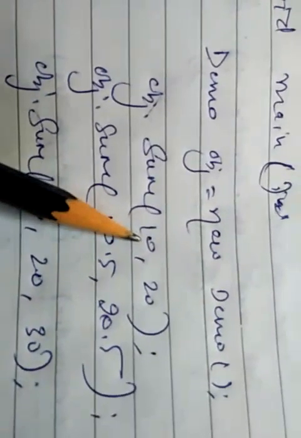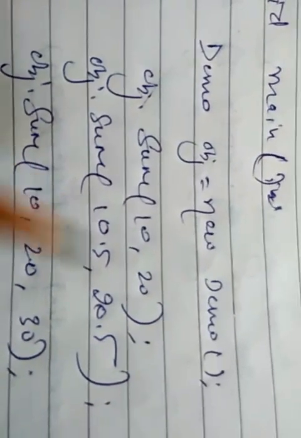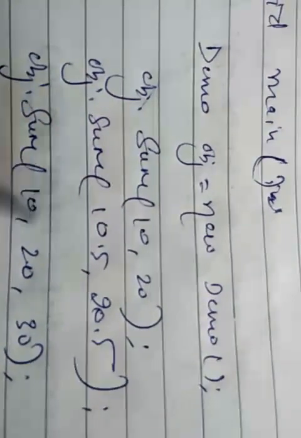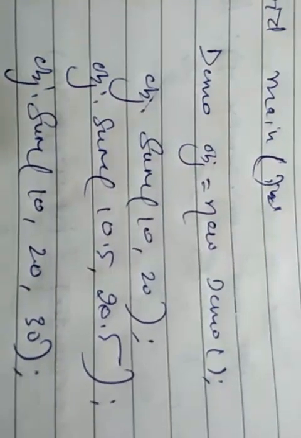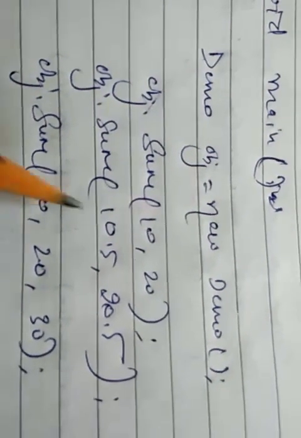So the first function will be invoked here, and when we pass two double type values, then the system will call the sum function with double parameters. So here the third function will be called. And with obj.sum, where we pass three parameters of integer type, the function sum with three integer parameters will be invoked.